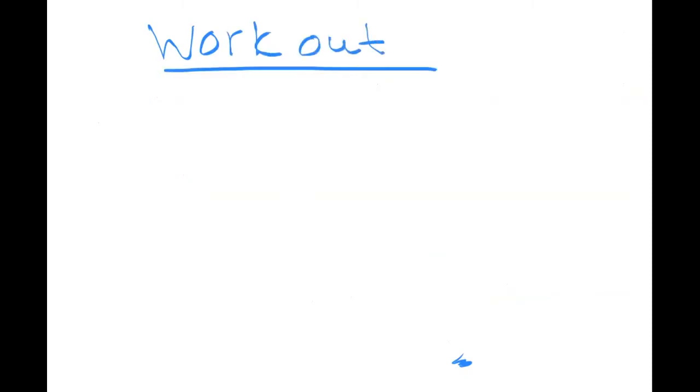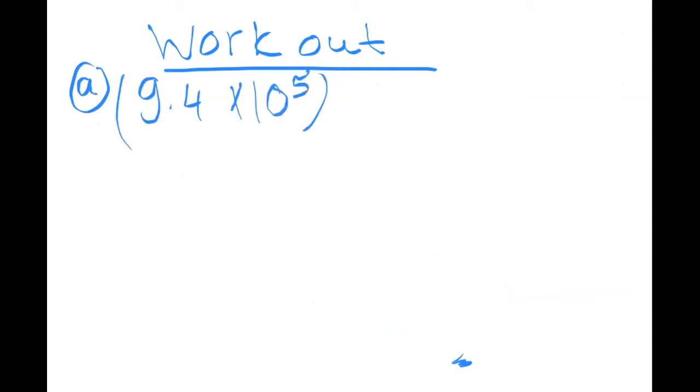Work out 9.4 times 10 power of 5, times 3.1 times 10 power of 4. Rowan, please may you solve it on the board?